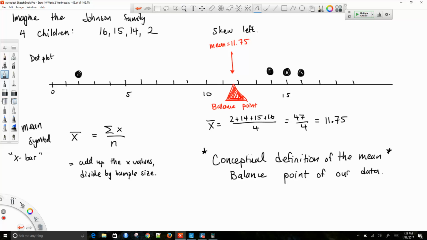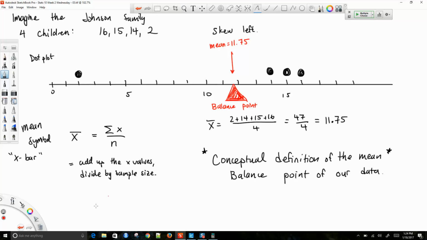And if you were trying to describe the ages of the kids in the Johnson family, you would not be able to tell the whole story without pointing out the fact that there's one child who's much younger than the other children, okay? You'd have to say they have 3 teenagers, around 14, 15, 16, and then they have a 2-year-old, okay? Otherwise, if you just say the average age is around 12, that doesn't really tell the whole story either, okay?